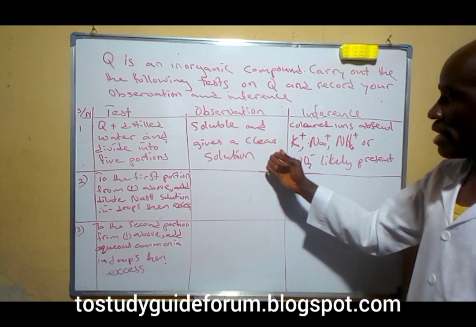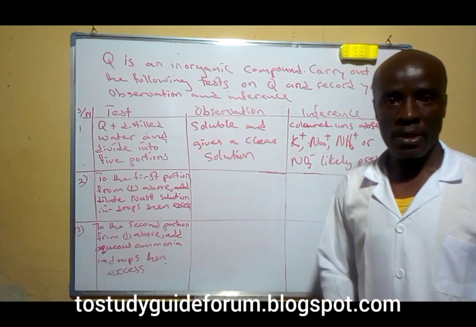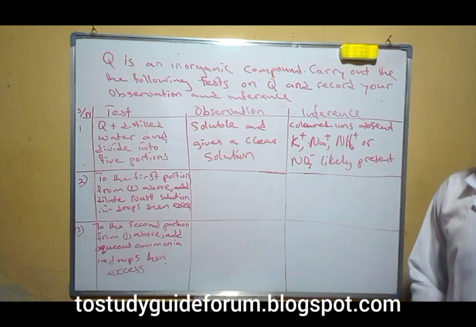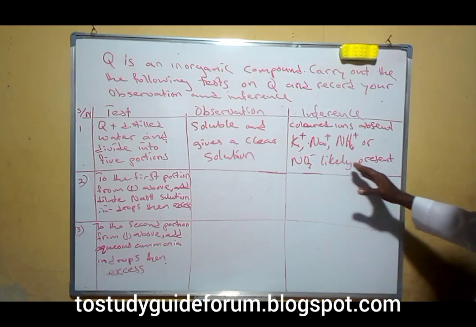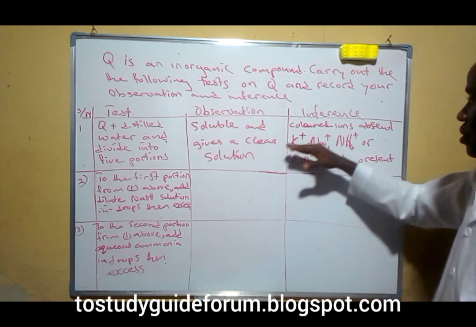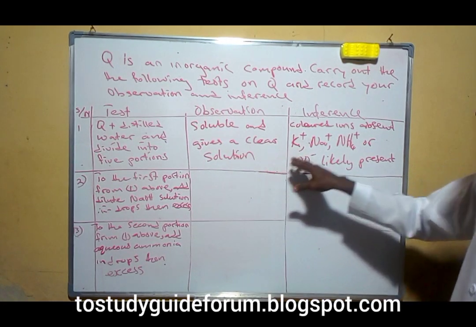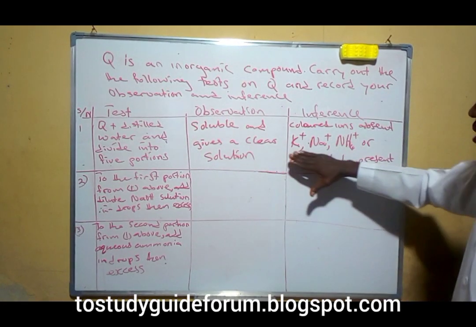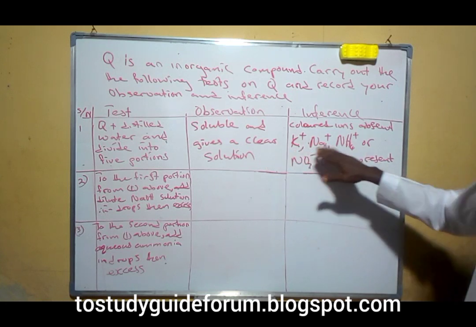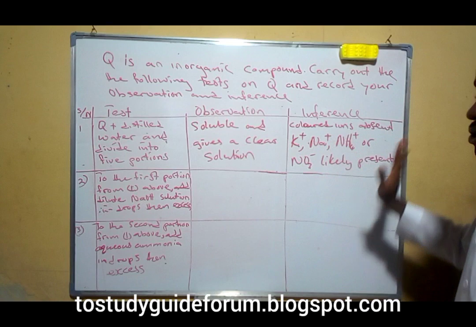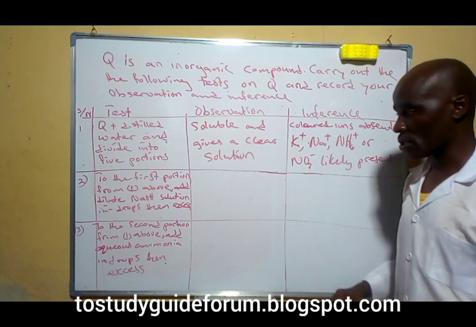Most often, they give you a clear solution when you dissolve them in distilled water. So since we don't know this salt, and it gives us a clear solution with no colored ion, we are suspecting a soluble salt.